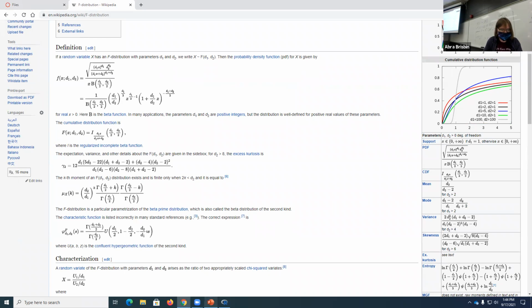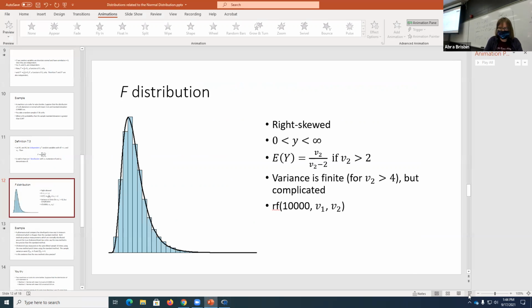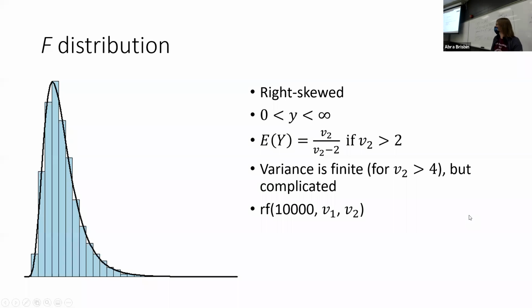Nope, yep, it is V2. So its expected value is V2 over V2 minus 2, assuming that its denominator degrees of freedom V2 is greater than 2. If its denominator degrees of freedom is 2 or less, then the expected value is not defined.